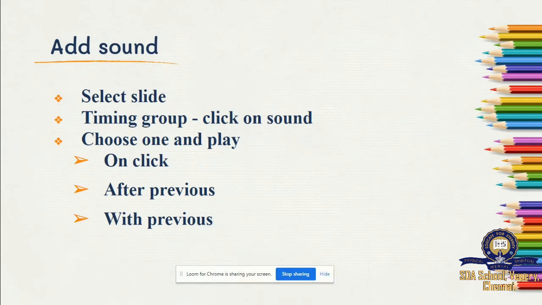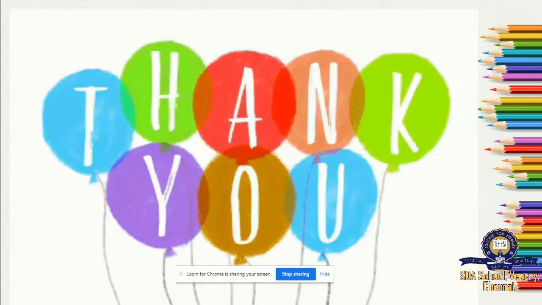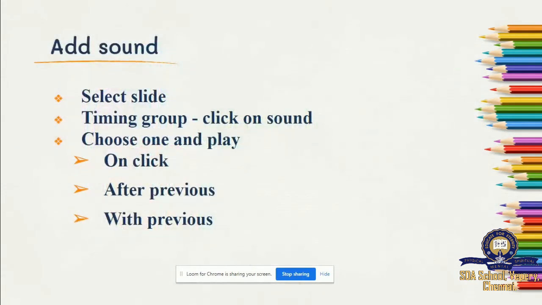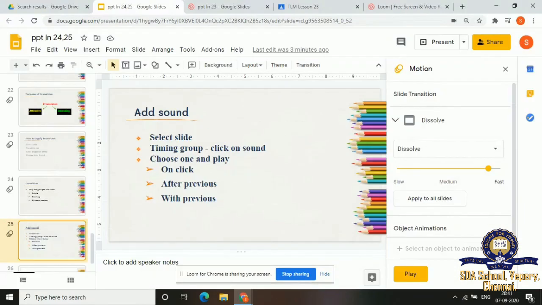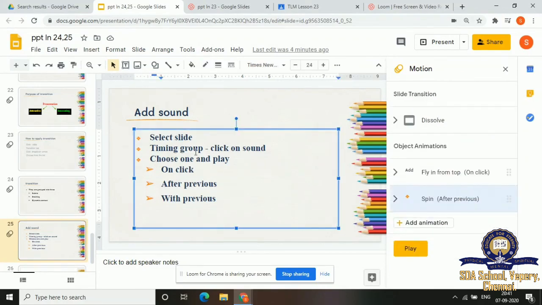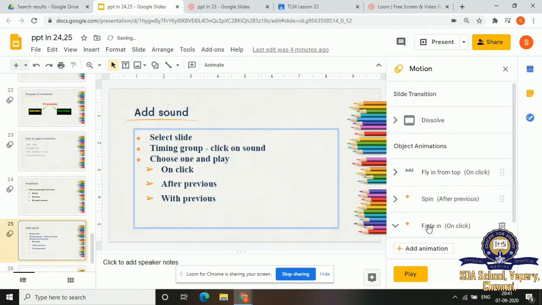Now I'll tell you about on click, after previous, with previous. In your book, only two options are given. One is on click and after previous. I'll also give you information about with previous. Again, we'll go to the presentation. I'll show you on click. Now, I'm applying for this thing, spin, add animation.